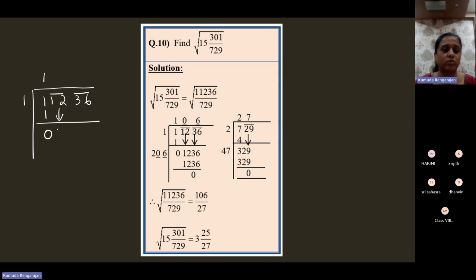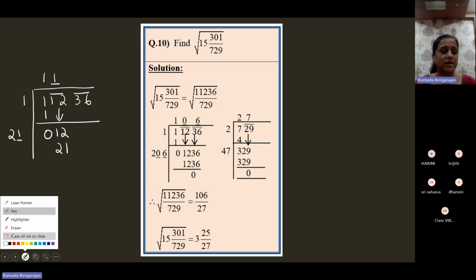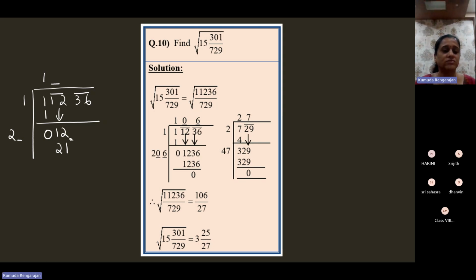Bring the next pair down. Double the quotient, 1 into 2 is 2. Whatever you place here, you must place the same digit here. 21 into 1 is 21, which is too much, so it is 0.